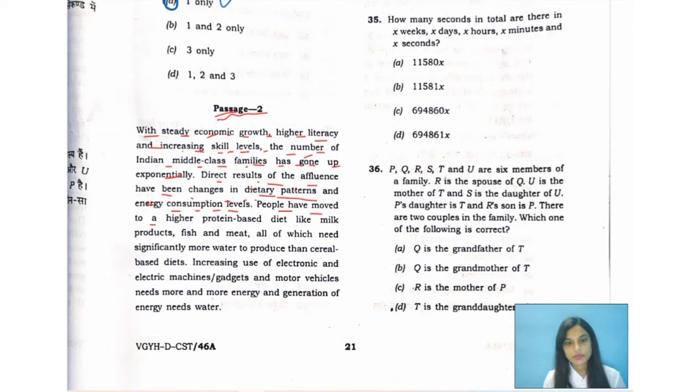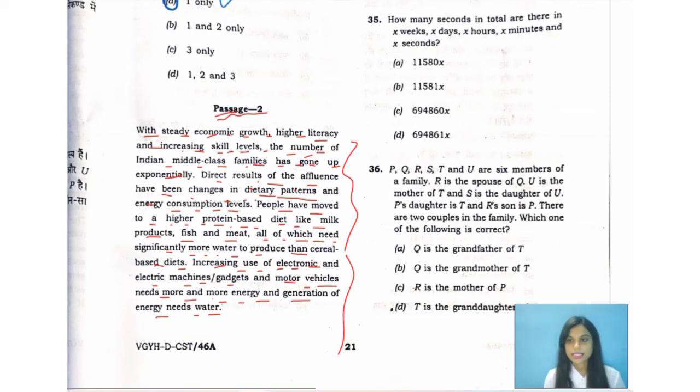People have moved to a higher protein based diet like milk products, fish, and meat, all of which need significantly more water to produce than cereal based diets. Increasing use of electronic and electric machines or gadgets and motor vehicles needs more and more energy, and generation of energy needs water. Yes, they're talking about the modern day lifestyle, the food patterns and all that are being followed in the modern day houses.